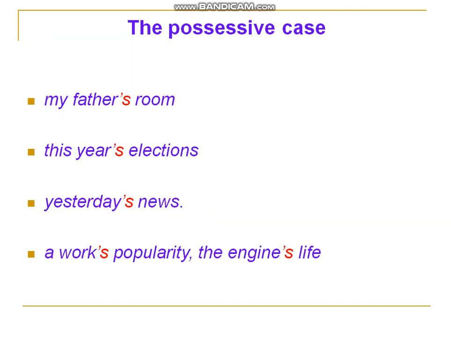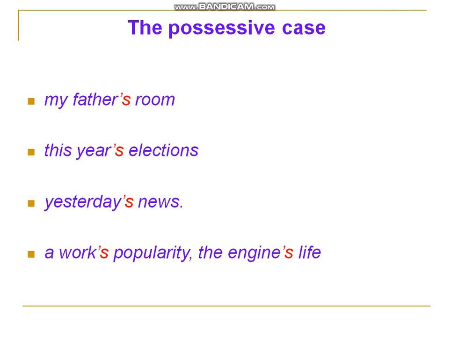The possibility of forming the possessive case, also referred to as S-genitive, is limited to English nouns denoting living beings. First of all, person nouns, for example, my father's room, and a few others, those denoting units of time, for example, this year's elections, and also some substantivized adverbs, for example, yesterday's news.